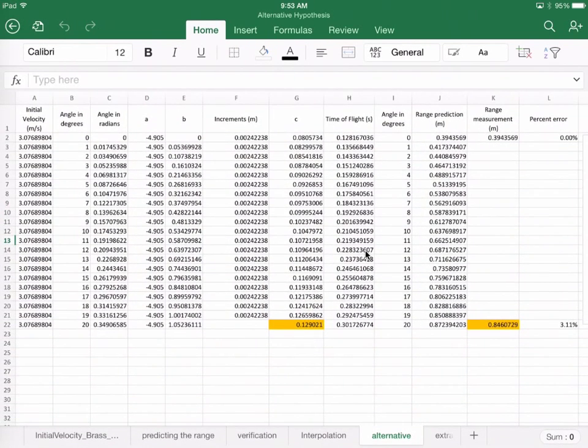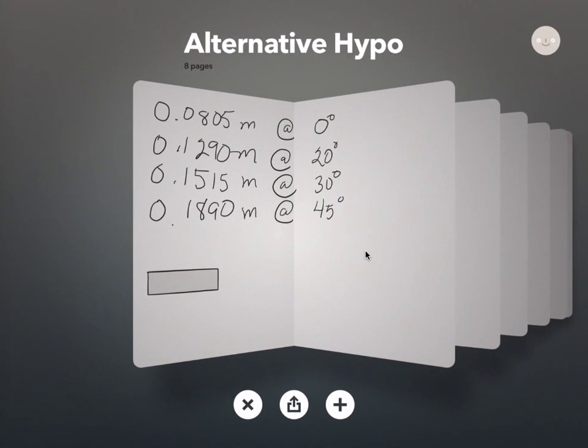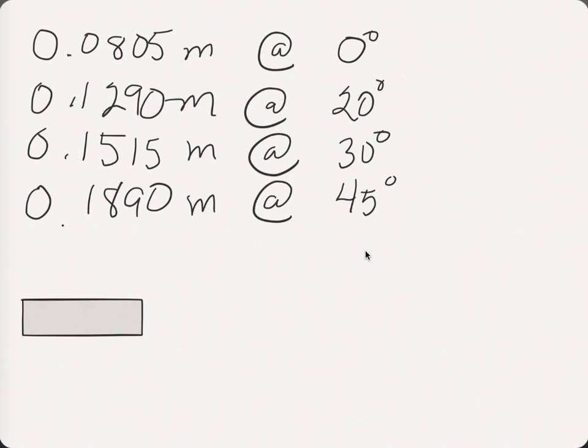Ultimately what we want to do is extend our interpolations. Instead of just stopping at 20 degrees, we measure what's happening at 30 degrees and then what's happening at 45 degrees. I have those measurements right here, and we're going to use them.